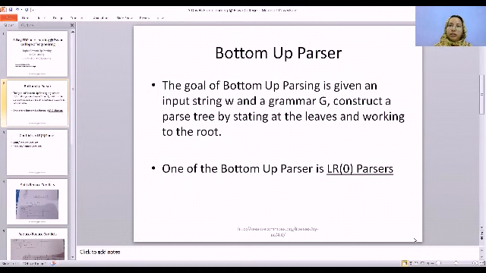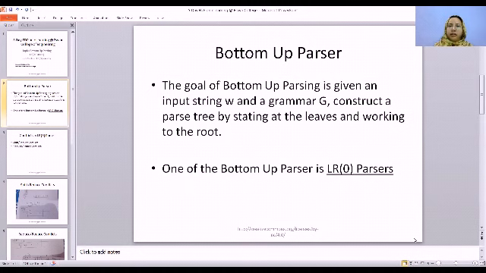We take all the leaves, all the tokens of the given string, and reach the root, that is the starting non-terminal of the given grammar. If we reach this root, the starting non-terminal, then the parser is successful for that grammar and for that input string.